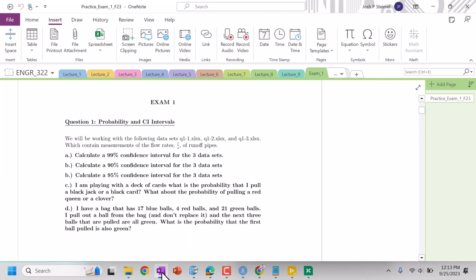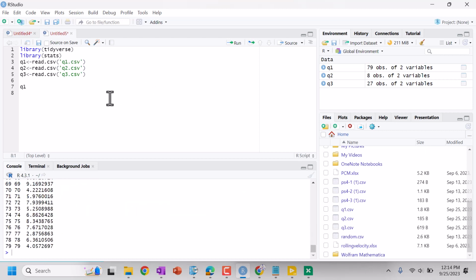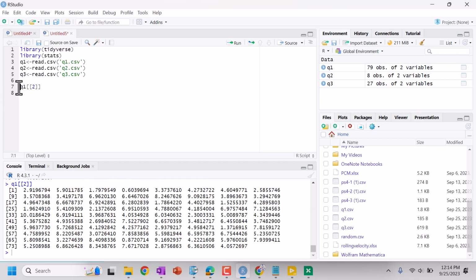All right, so what are we working with here? The following data sets contain measurements of flow rates in liters per second of runoff pipes. Calculate 90, 95, and 99% confidence intervals. So we hopefully know how to do that. We can do this multiple ways, but again, let's try to do this the most efficient way possible. First, let's look at what Q1 looks like. We have a column, so let's pull out Q1 bracket bracket 2, the second column here, and we can do t.test.